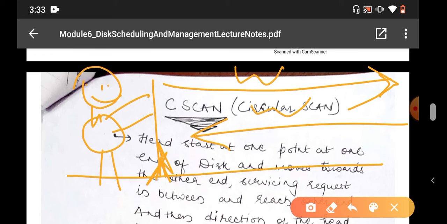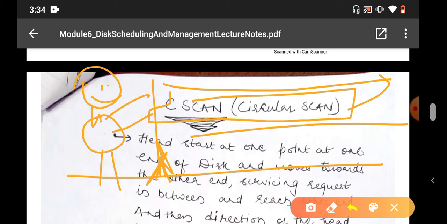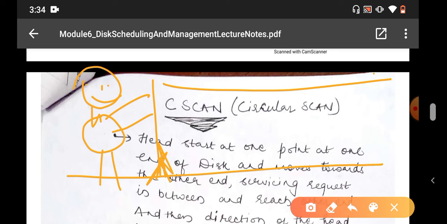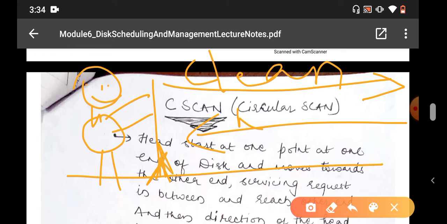But in circular scan, what we are talking about in the C-SCAN algorithm, you can see it will service the requests only in one direction. That means the sweeper will clean only in this direction, and while he returns, no cleaning, no work.